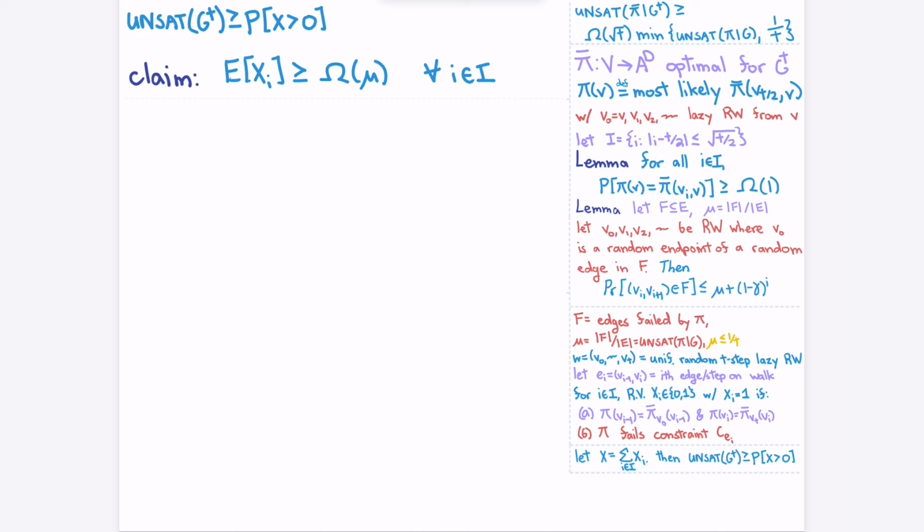So mu is unsat G, so that's the number of bad edges. The claim is that the probability that xi is 1 is roughly the probability of sampling a bad edge, for any edge in the middle, for any of the middle indices.